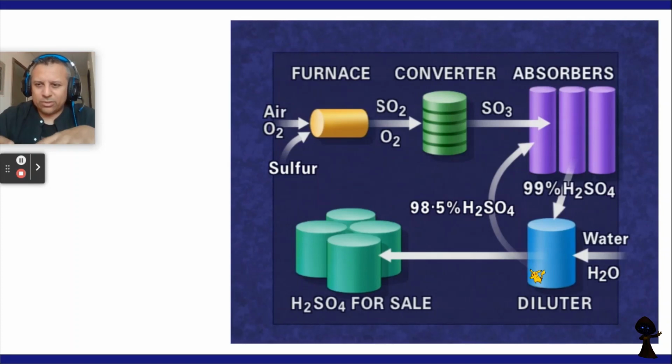When you dilute your sulfuric acid at 99%, it goes back to 98.5% sulfuric acid. Any extra that you've formed can then be separated off for sale.